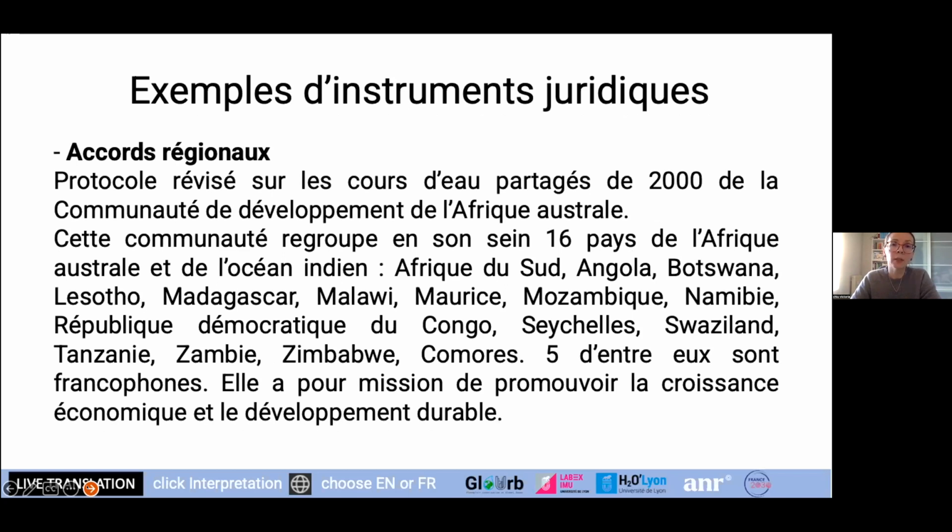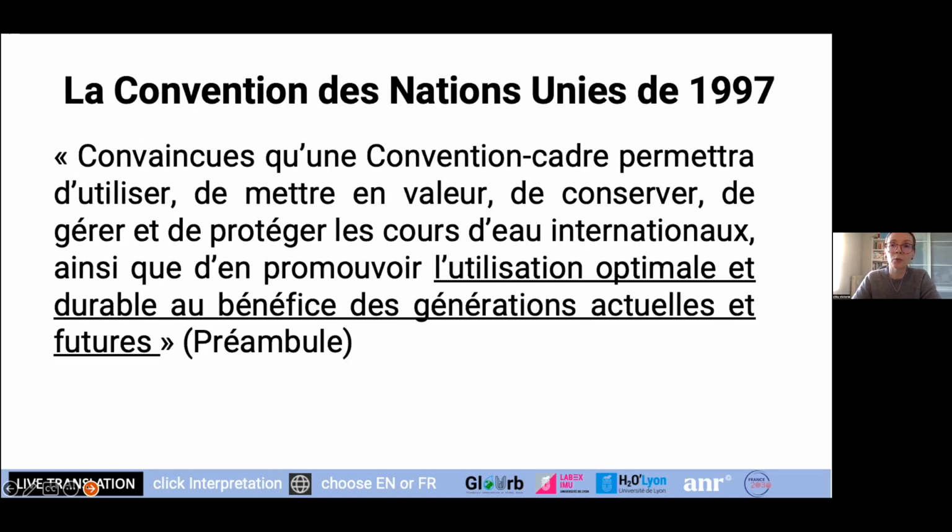Now, after that, there are other examples of legal instruments at regional level, notably for the African continent. We can cite the revised protocol for shared watercourses dated back to 2000 concerning the Southern African Development Community. So, concerning the Convention of the United Nations of 1997, as I was saying, this is a convention that has an ecosystem-based approach in terms of use and protection of these watercourses.